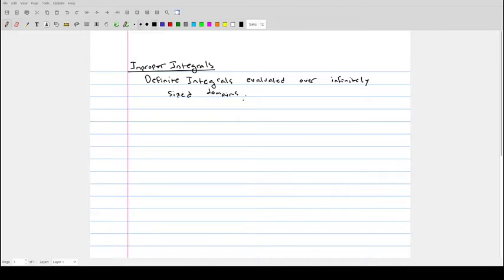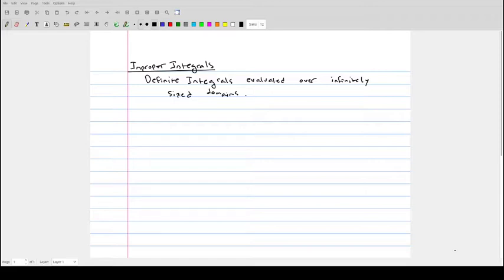And we'll see that there are actually two types of improper integrals, type 1 and type 2. And we'll investigate these in this lecture, how to evaluate them, and also how to apply them using some of the previous formulas that we've derived.